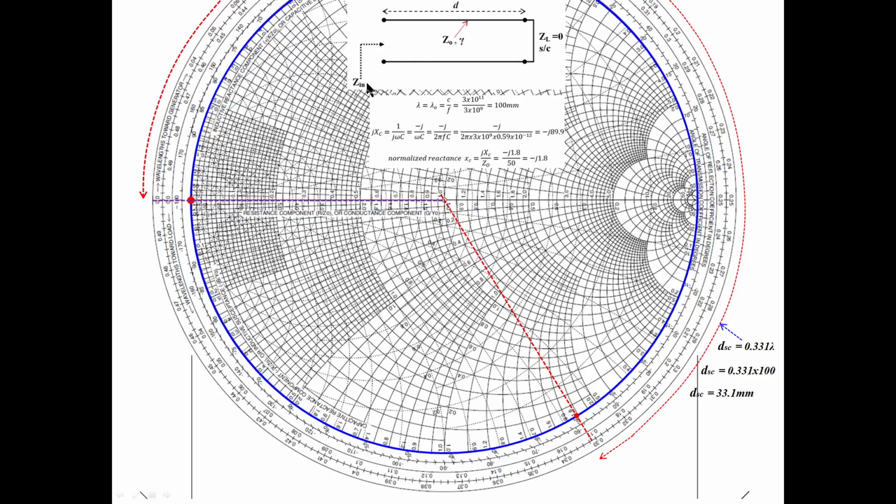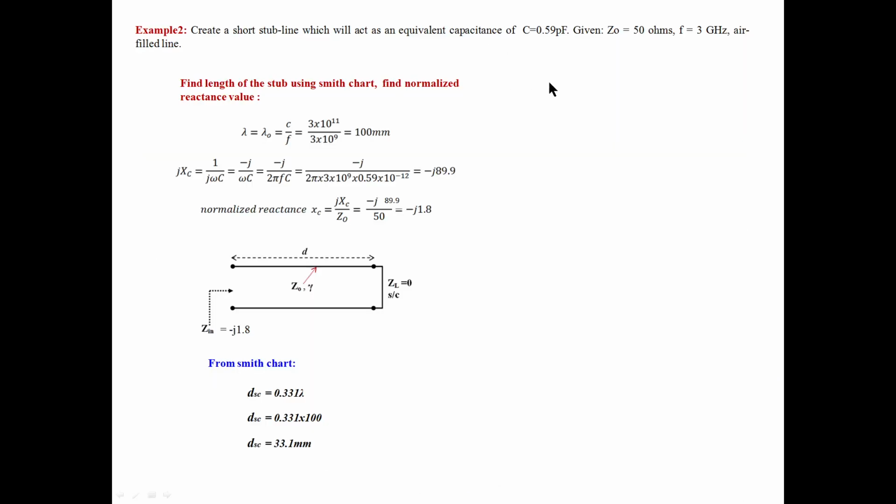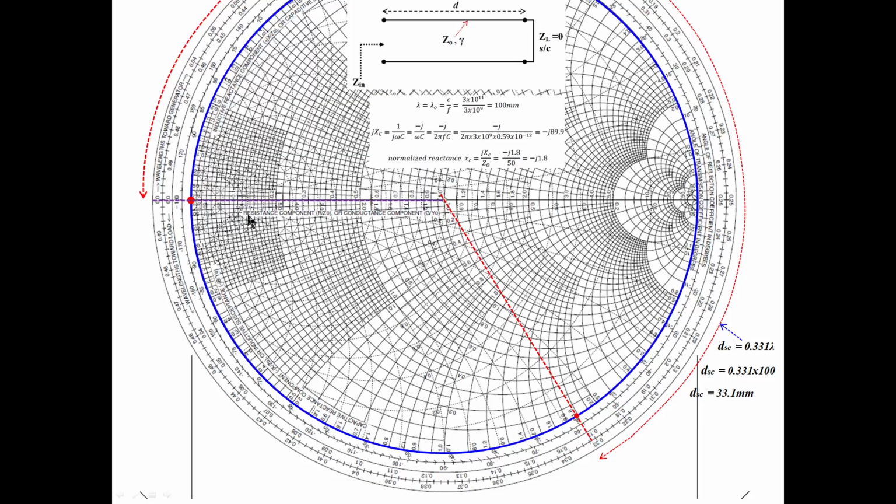So at the input, what value of Zn do we need? It is equal to minus j 1.8. So from the short circuited point, because only a short stub is asked here, go on moving over the VSWR circle, because this is our load point. We marked the load point and we have drawn the VSWR circle.